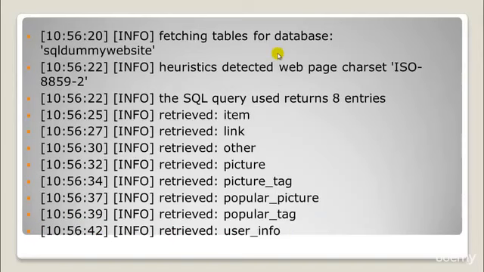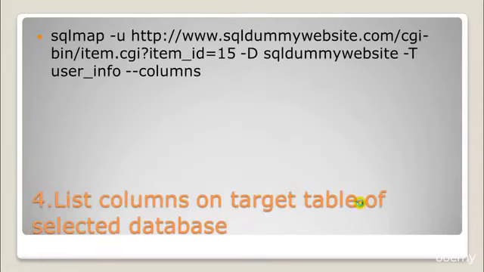It's more than 8 obviously, but these are the tables we get. Fetching tables for the database, heuristics detected web page, and so these are the tables: item, link, other, picture, picture tag, popular picture, popular tag, and user info. And of course, we want to check what's inside the user info table using SQL map injection, as that table probably contains usernames and passwords.